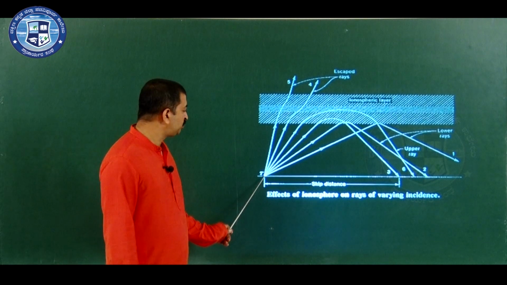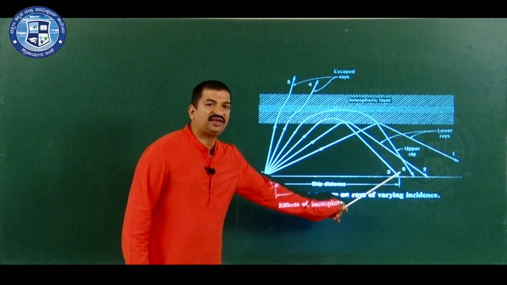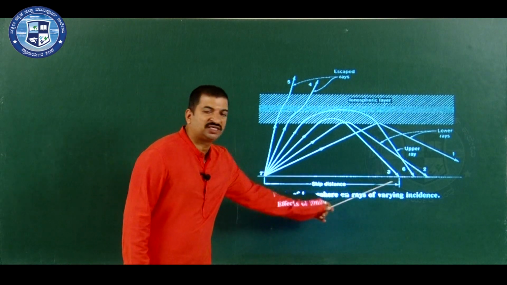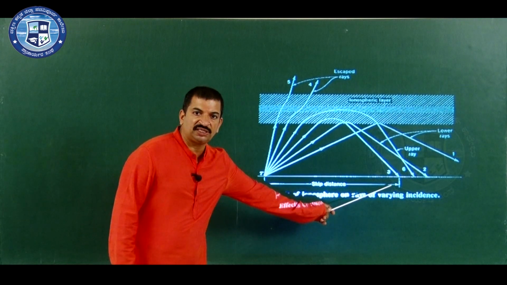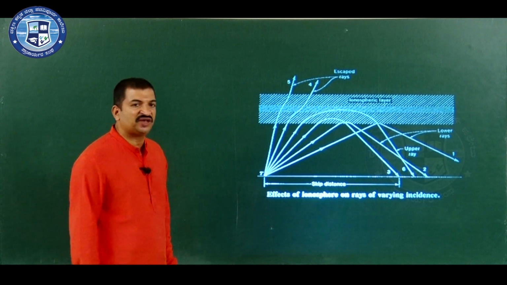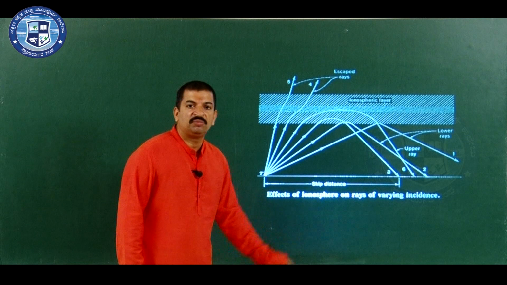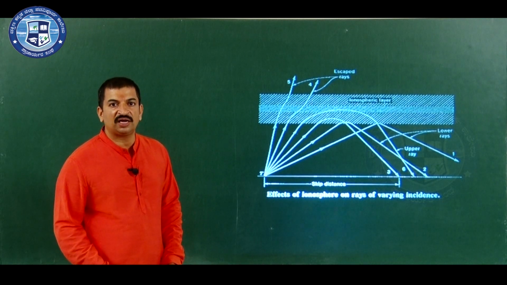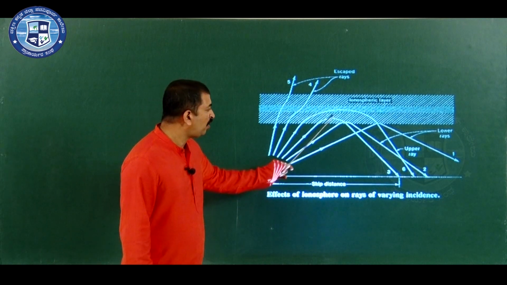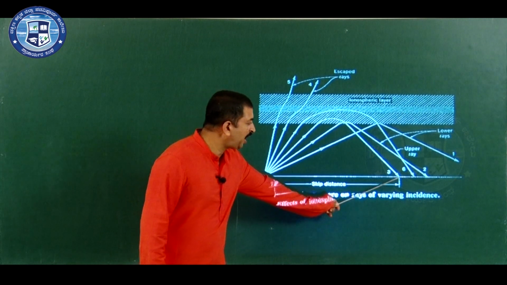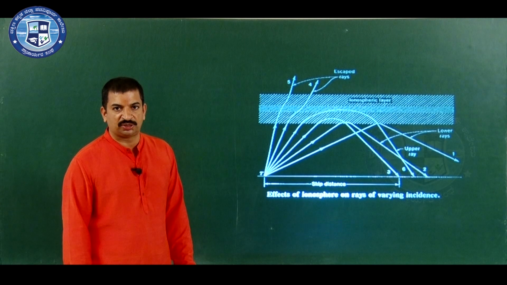It is the distance between the transmitting antenna and the first skywave reception. It is the shortest distance measured along the surface of the earth at which a skywave of specified frequency can be propagated and returned, reflected back to the earth.